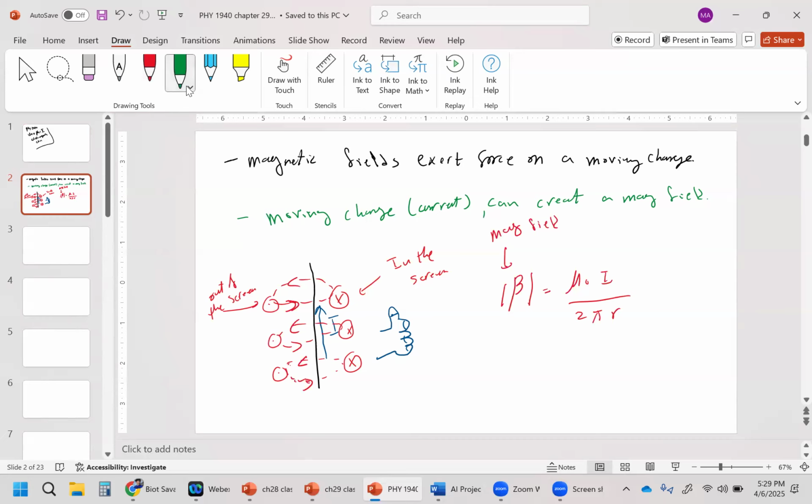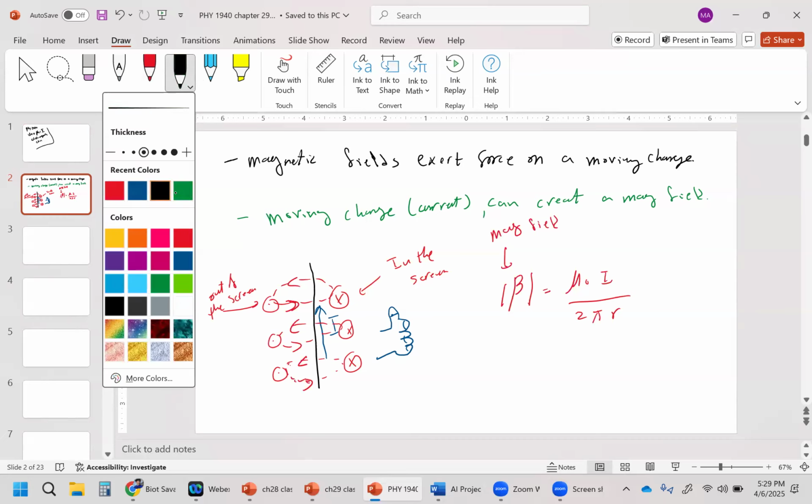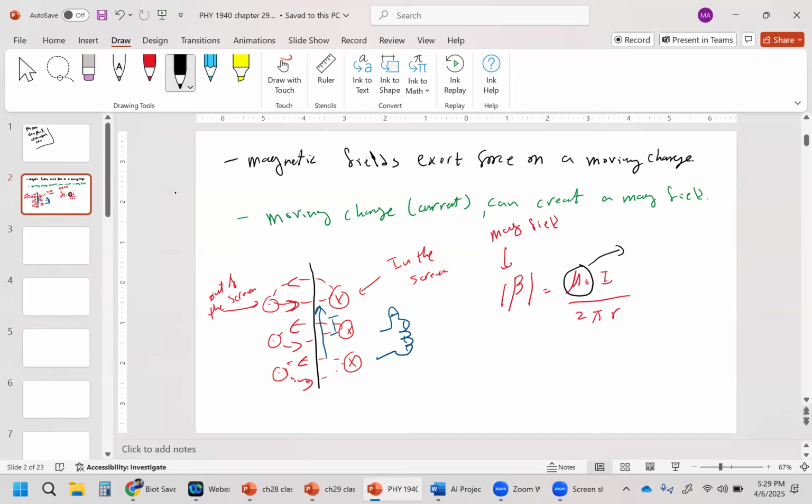Mu naught, let me get a different color, this is your permeability in free space.